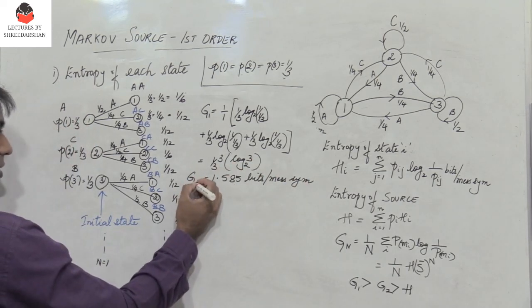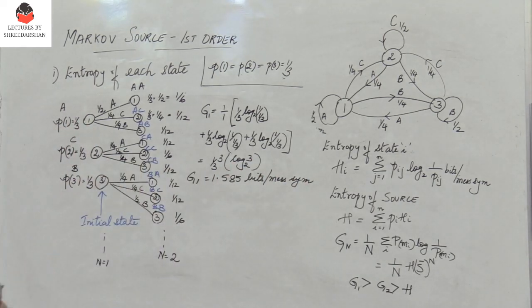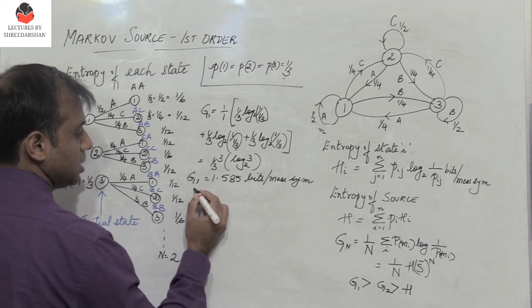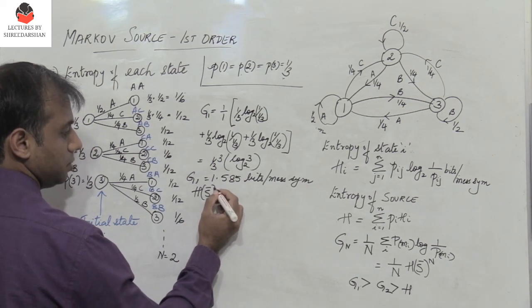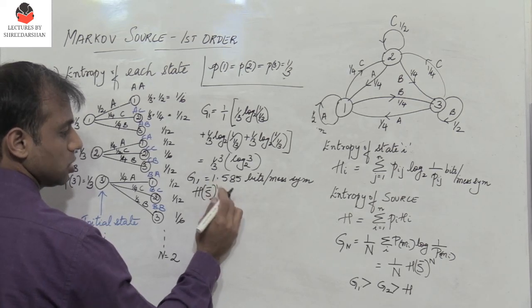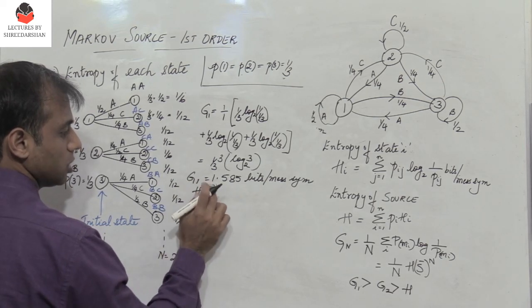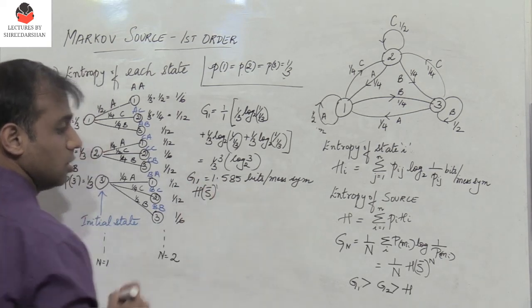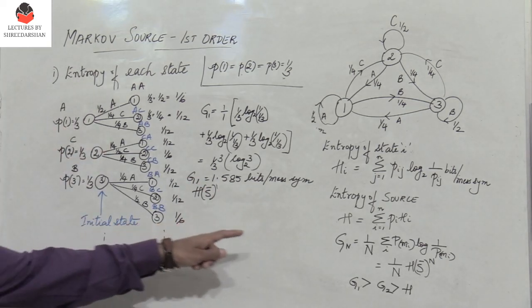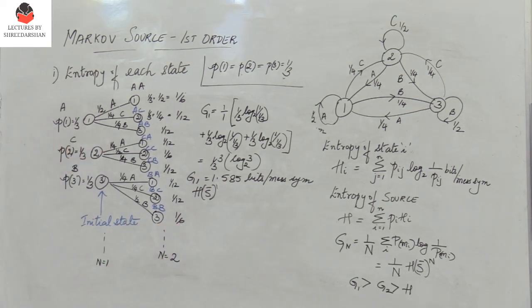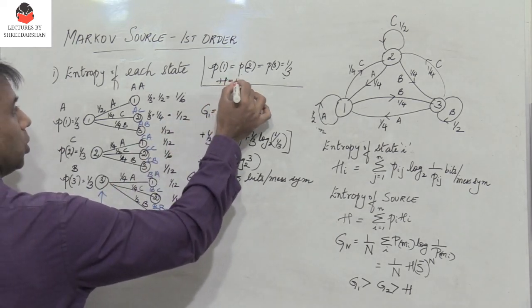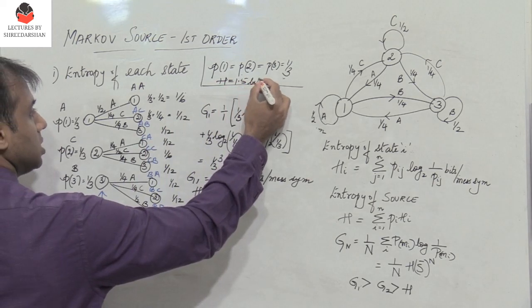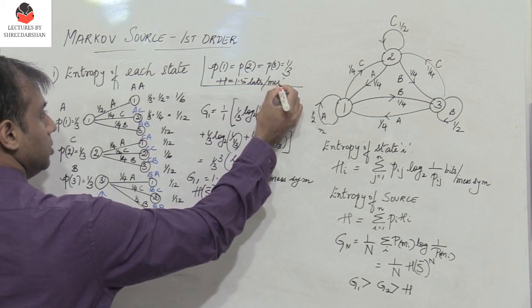Okay, so this is nothing but G1, or you can also refer to this as H of S bar, of course to the power of 1, which is not required. So H of S bar is equal to G1. You find that G1 is greater than H. What was H? We did find the value of H as 1.5 bits per message symbol.